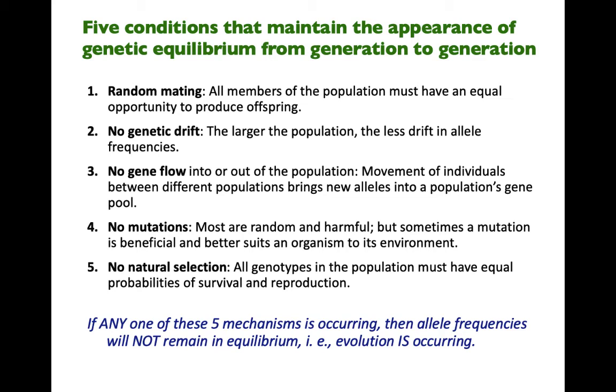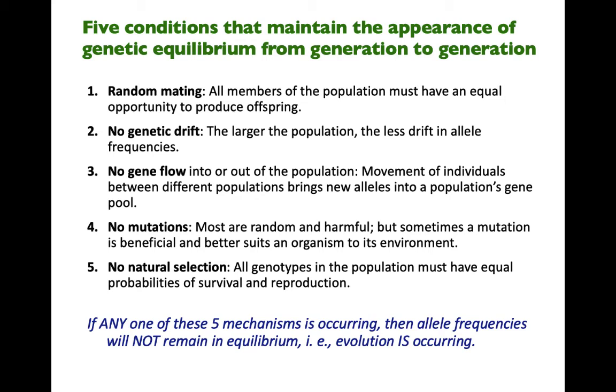All genotypes in the population must have equal probabilities of survival and reproduction, but this is rarely the case. Organisms are vulnerable to a variety of environmental factors out of their control, ranging from how many predators there are, how hot, how cold it is, access to resources, food resources, and mates, etc.